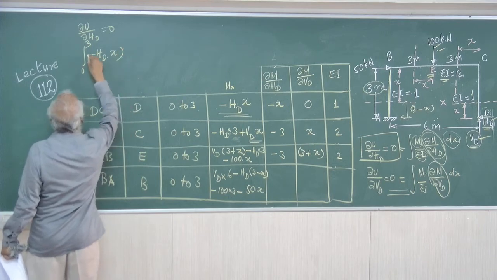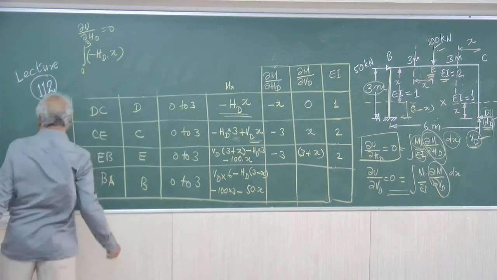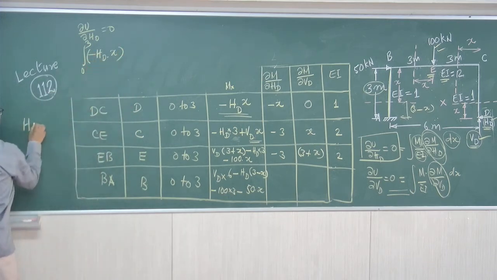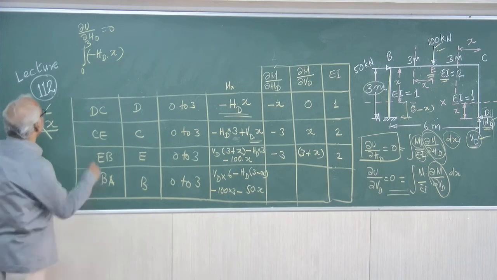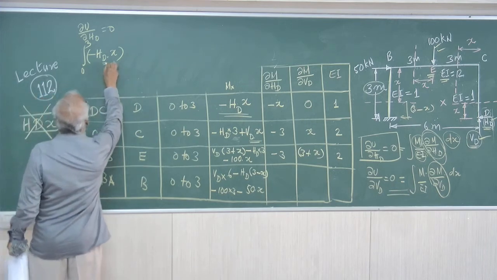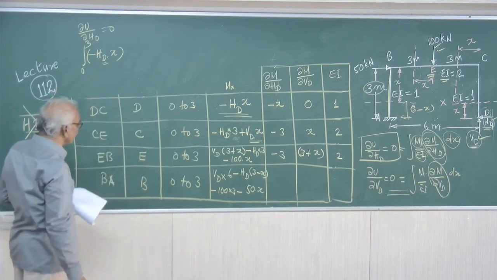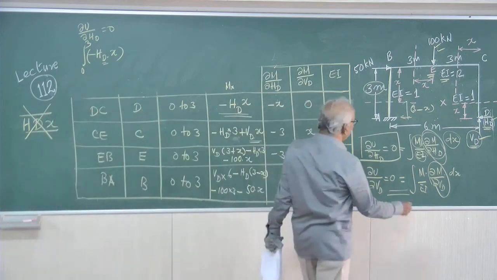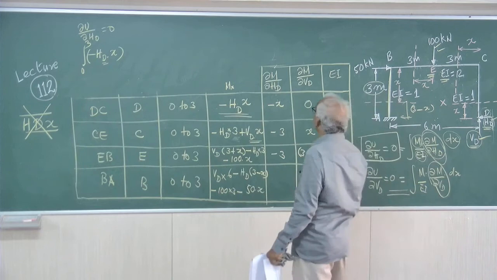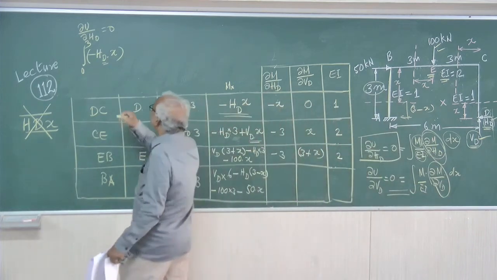So we have to carefully write Hd, because when we are a little careless, after some time it will become H into d into x. So this mistake should not happen. We have to be very careful in writing the suffix. So minus Hd into x. So that is Mx into dou M by dou Hd. Dou M by dou Hd equal to minus x.